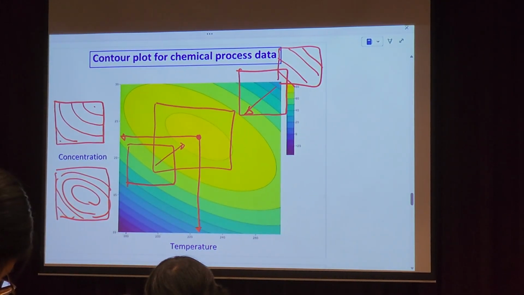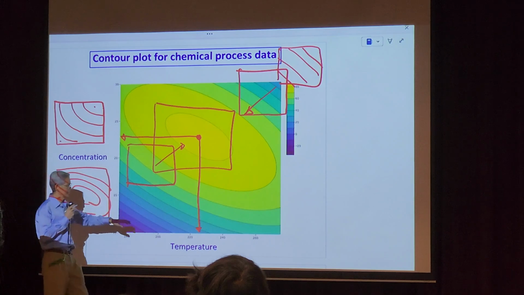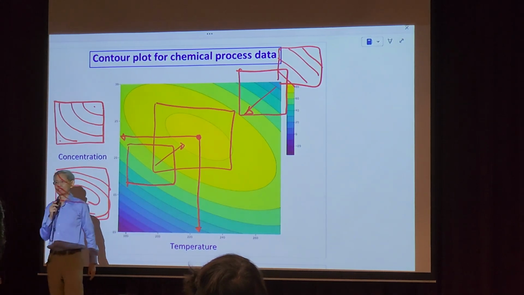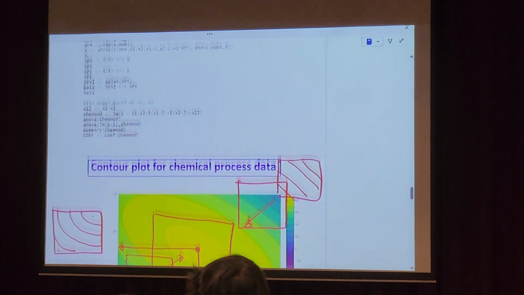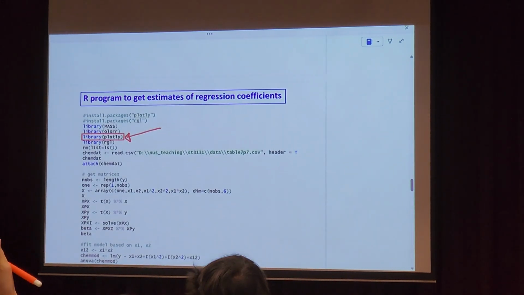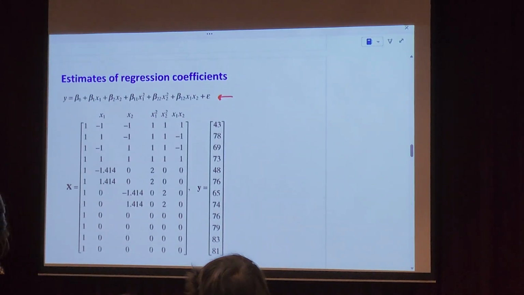So, what about the interaction term? Interaction term means, do they both jointly affect the yield in some way? This is something you want to test. This particular term here, interaction. So your model is this one.